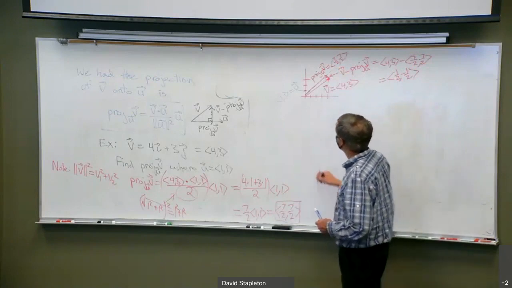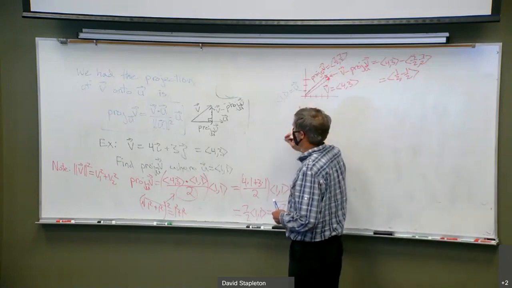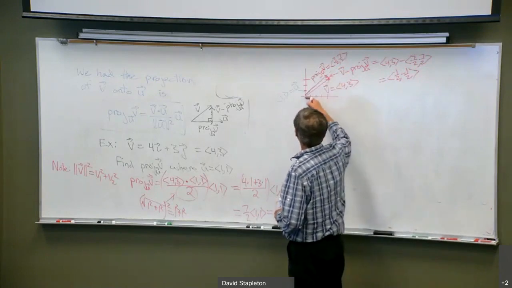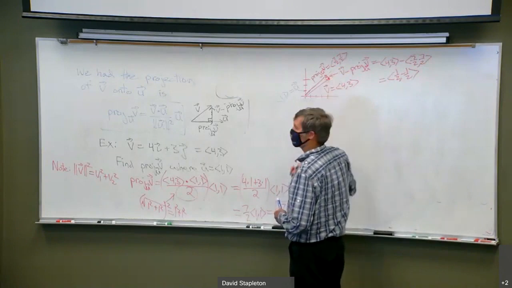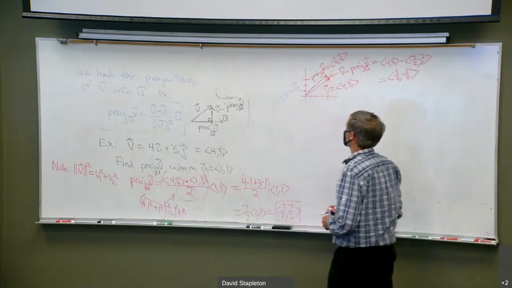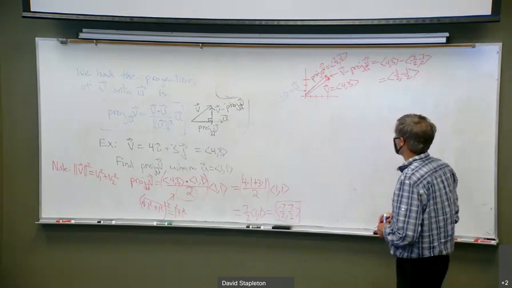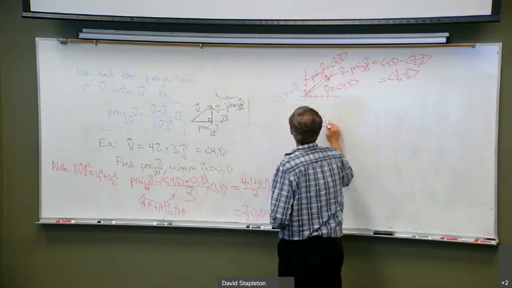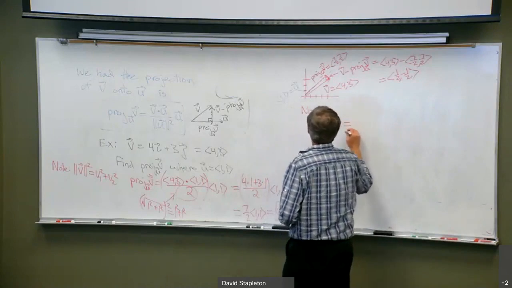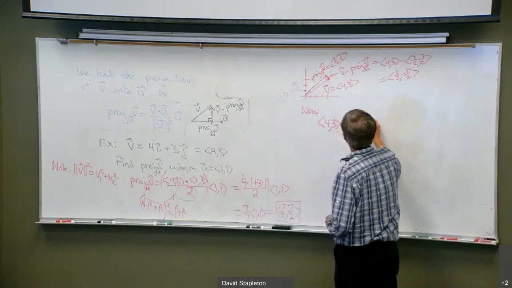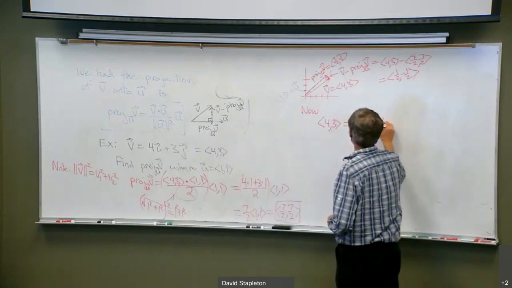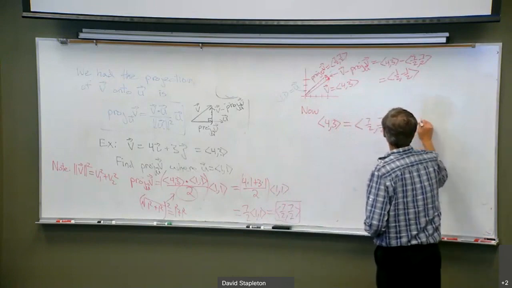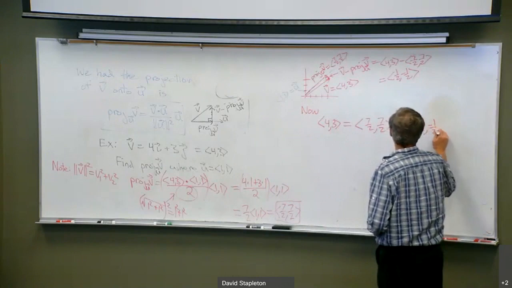Now we can write V as the sum of these two vectors, one of which is parallel to U and one of which is perpendicular to U, as follows. 4, 3 is, in fact, 7/2, 7/2, a vector in the direction of 1, 1 but 7/2 times as long, plus this vector perpendicular to it, 1/2, minus 1/2.